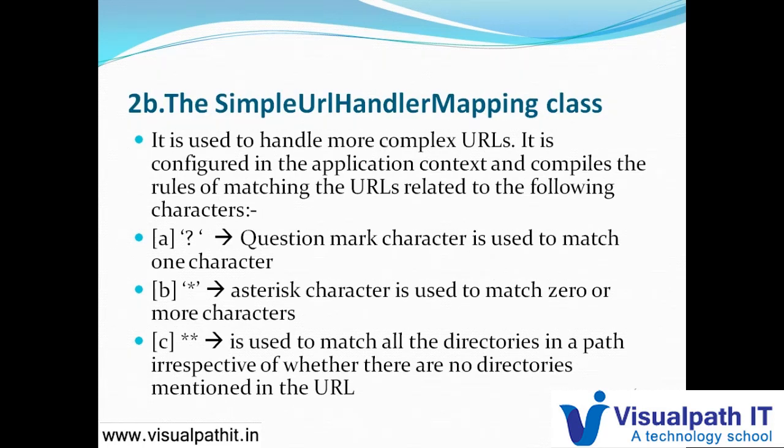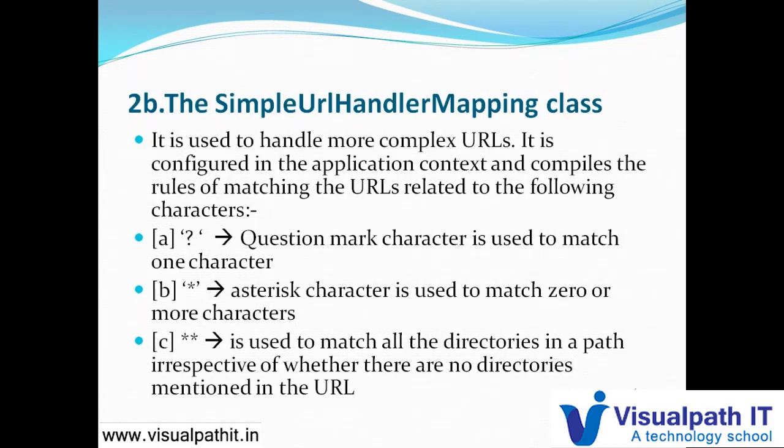The double star or double asterisk is used to match all the directories in a path, irrespective of whether there are no directories mentioned in the URL, or numerous directories, 0 or more.